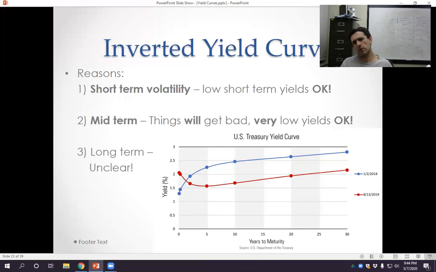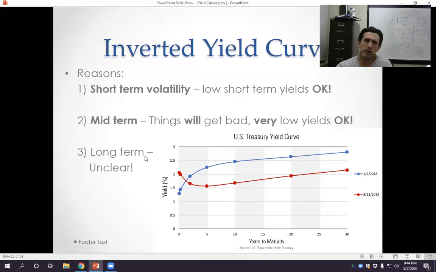Because even if the stock market does better after 5 years, it's not enough to compensate for the really hellish 5 years you might have had in the stock market. So if things really look bad, people might be willing to have really low yield rates in the long term, even lower than they would in the midterm.